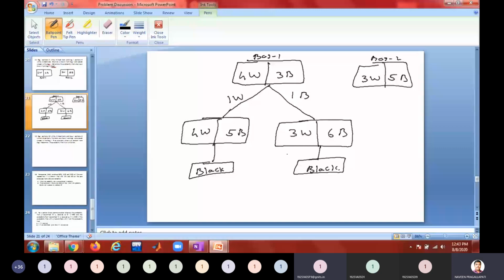Okay. So what is the probability of drawing a white ball from bag 1? 4C1 by 7C1.